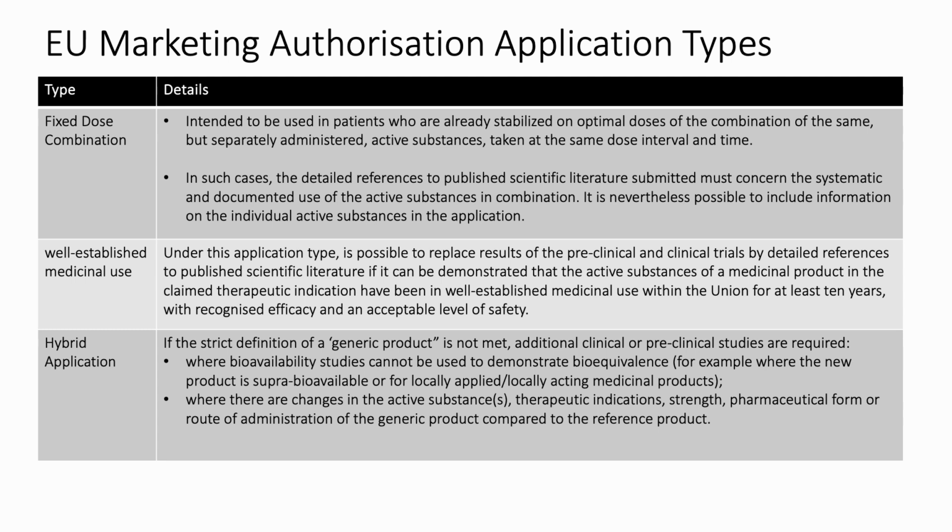Now, the hybrid application type for the European marketing authorization applies if the strict definition of a generic product is not met, and additional clinical or preclinical studies are required.